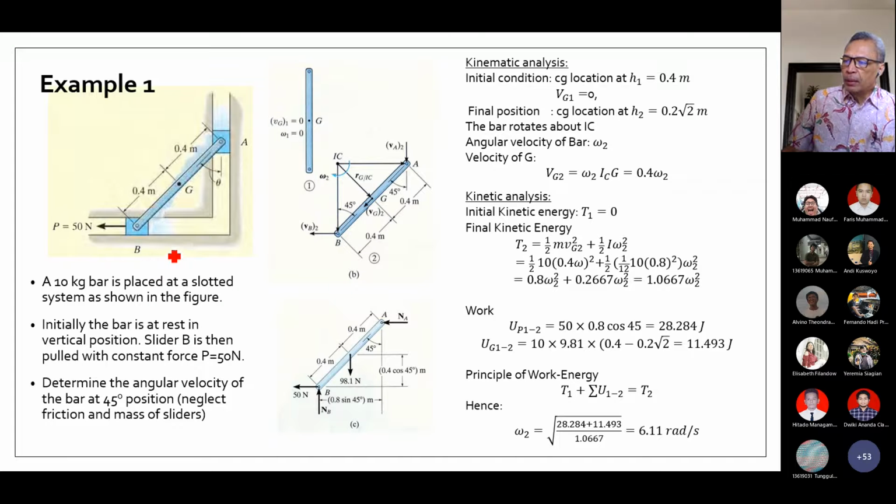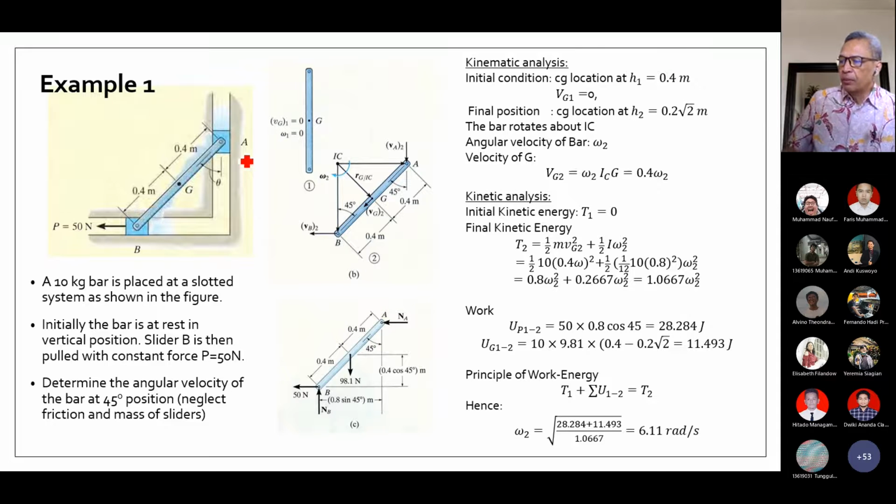Then we put 50 Newton force on this point, and move this point to the left, and subsequently, because we have a rigid bar, point A should move downward following some kinematic relation.